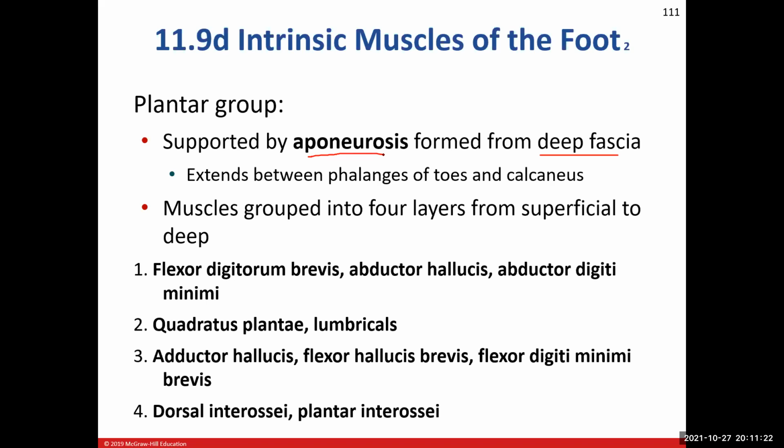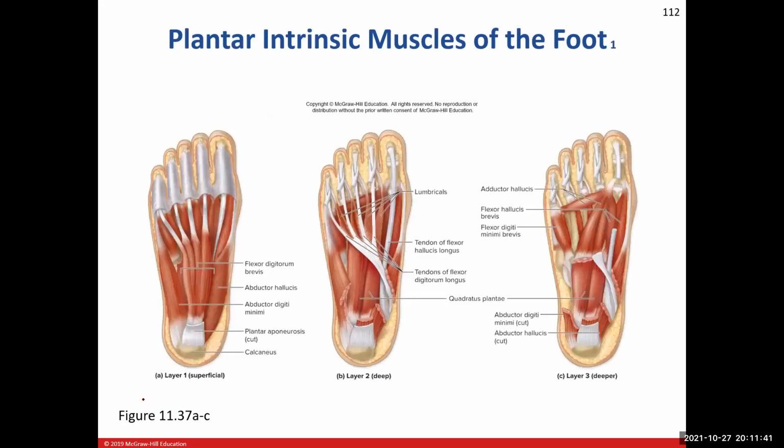Now, again, I'm not going to go through all these layers here with you, but understand we have 4 layers, we go from superficial to deep. So layer 1 is going to be superficial, and then our interossei, layer 4, are going to be the deep ones. I'm not going to go through all this with you here, because we just don't have the time.